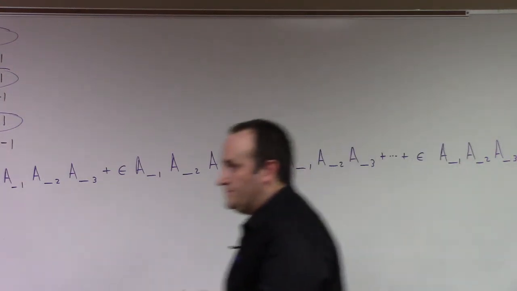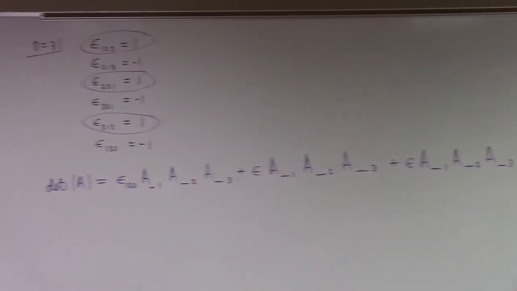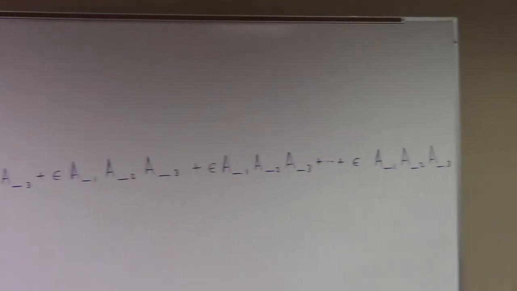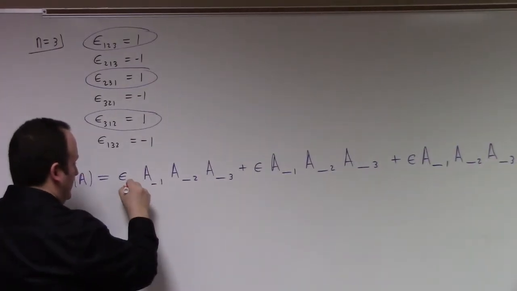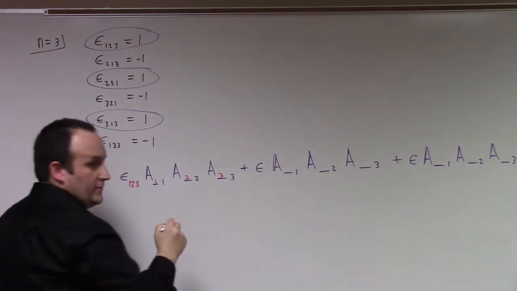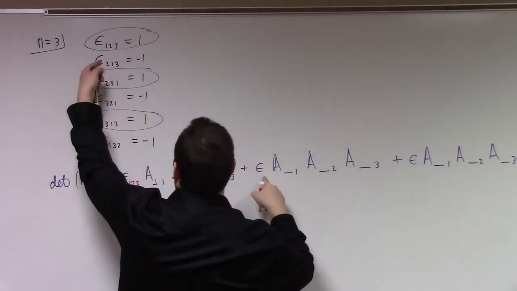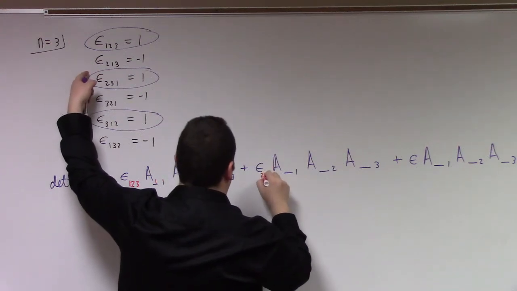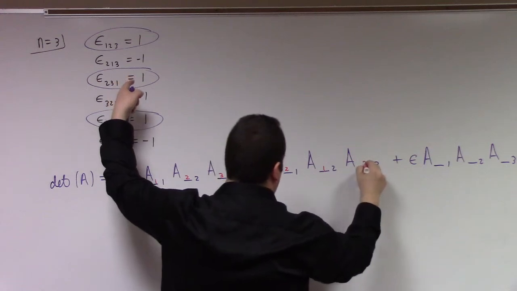You notice that the second index here is fixed in this formula, right? So going through the list, this 1, 2, 3 goes here. And then which one do you guys want to do next? I mean, I'll just go down this list, 2, 1, 3, yeah? So that's 2, 1, 3.